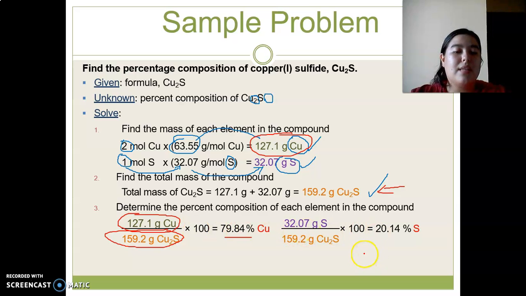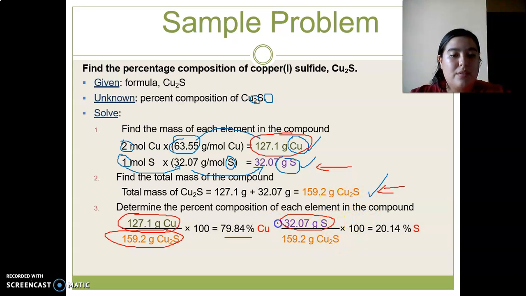Then we have to do the same for sulfide. So we have 32.07 g sulfide. So this value is for this value. Divide by the total mass, that is 159.2 g copper sub 2 sulfide.